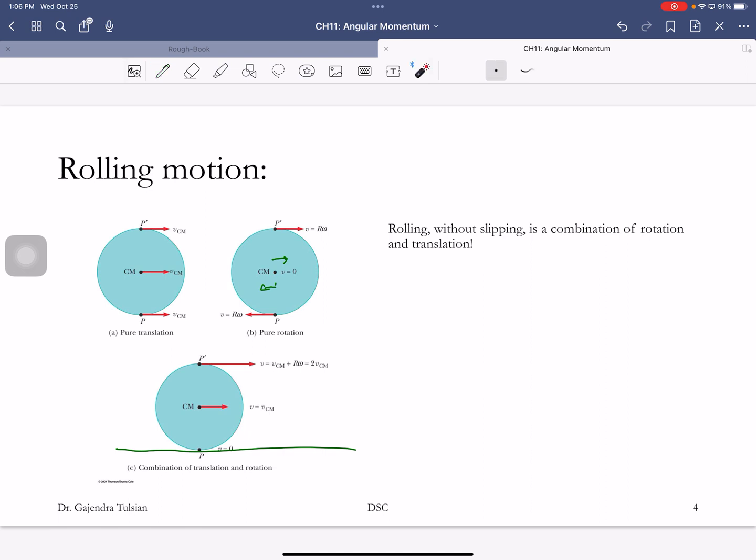This point is going the fastest: it's this velocity plus this velocity. So if your wheel was going at 5 miles an hour, this point is going at 10 miles an hour, and this point is going at 0 miles an hour. So rolling motion is pure translation plus pure rotation.